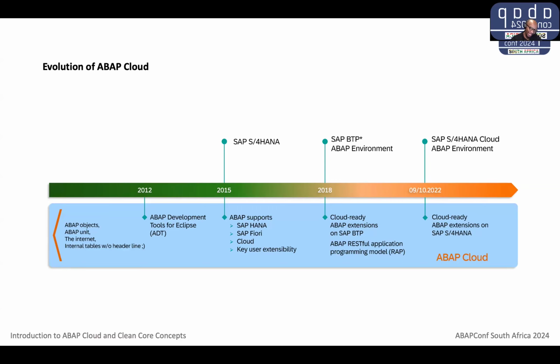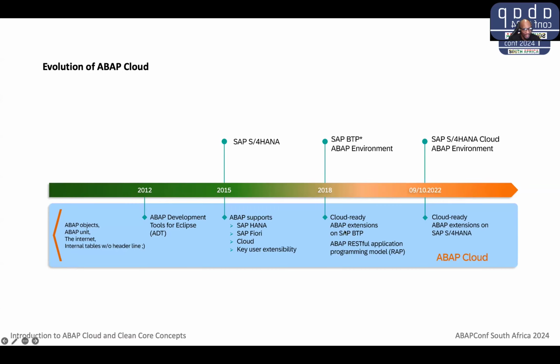If you're still using SE80 for your dev work, there's no need, because you can use ADT even with your ERP system. Then in 2015, S/4HANA came into the picture, and we started seeing a lot of migration from classic Dynpro screens to SAP Fiori. If you're still building stuff using classic Dynpro, you need to start asking yourself questions, right?